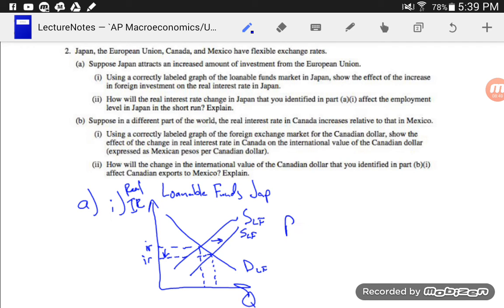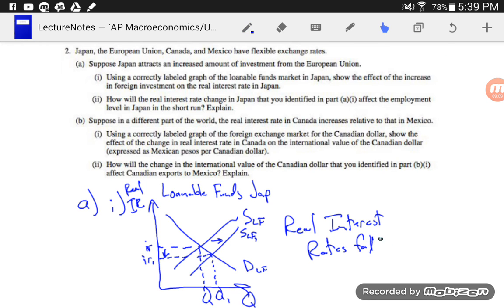Real interest rates fall. Let me just label those things correctly. There we go.